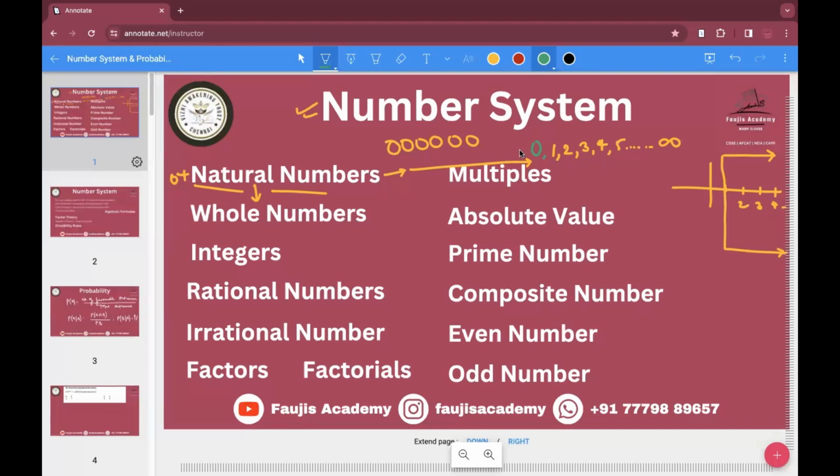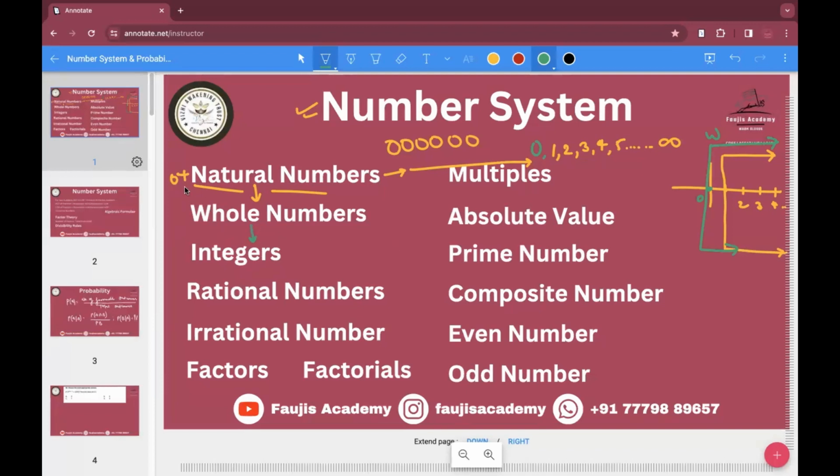On the number line, many numbers lie between 1 and 2, a lot of decimal numbers, rational and irrational numbers, but not those; a complete number. So over here it's 0, and all the numbers from here up till infinity will be your whole numbers. Right, guys?